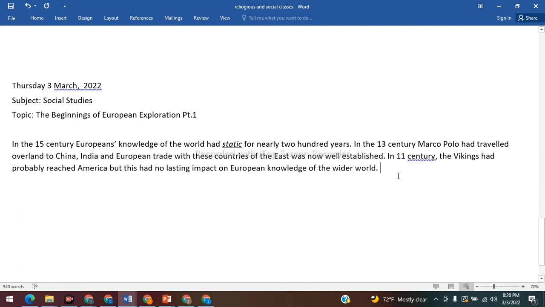So this chapter really is important because it really hits home at motivations. Why would they do this? So it says, why then did Europeans in the late 15th century begin to explore and discover new parts of the world?